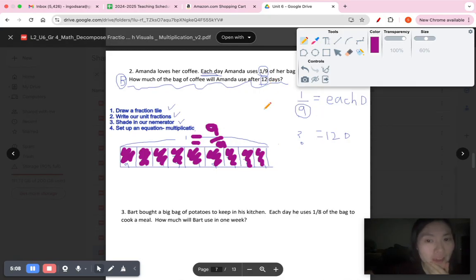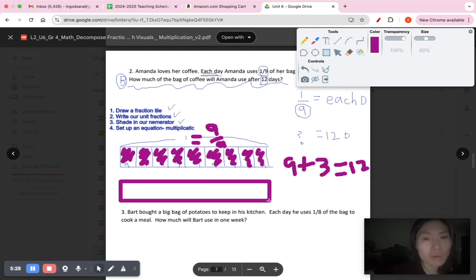It says 12 days, and I know that 9 plus 3 equals 12. And I'm only thinking about and counting the numerator. So 9 plus 3. Should I draw more fraction tiles? Yeah, you're right. So let's actually draw another one whole.